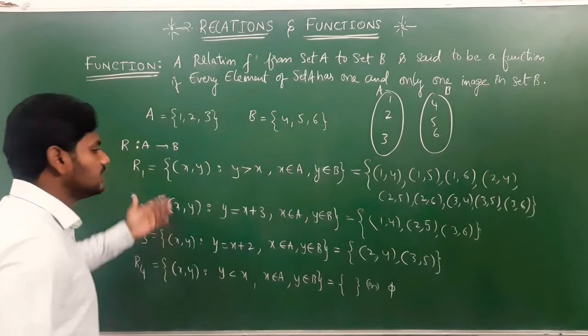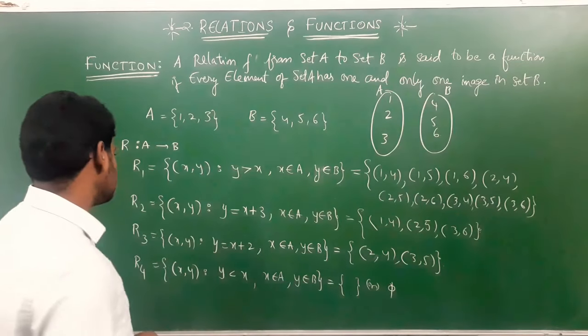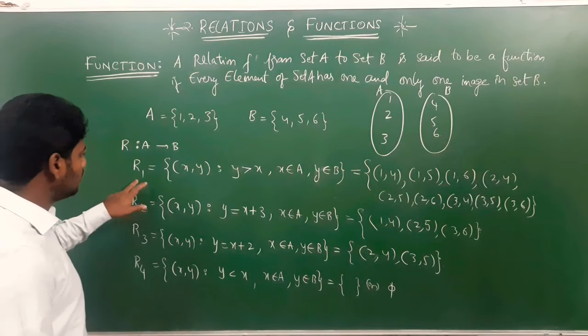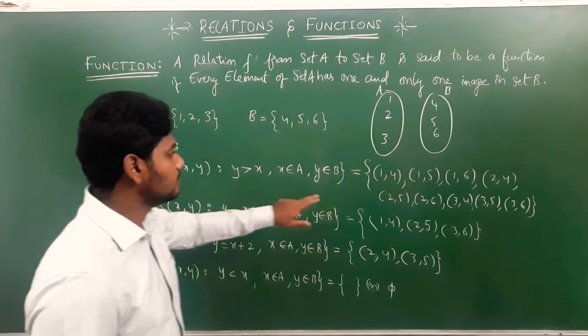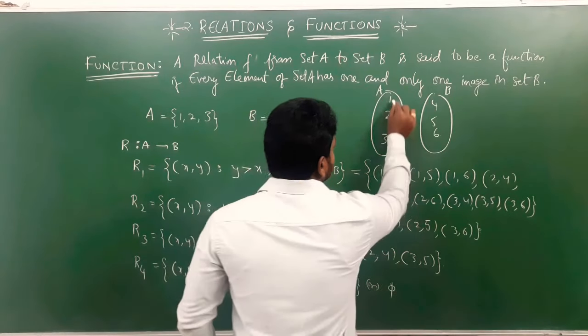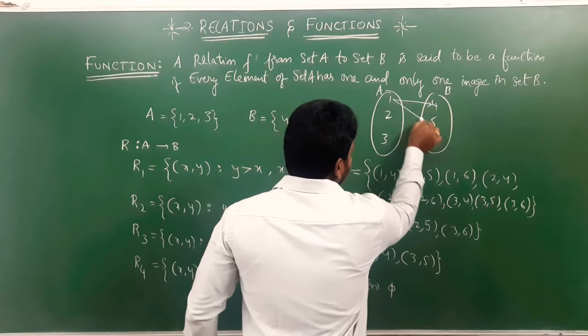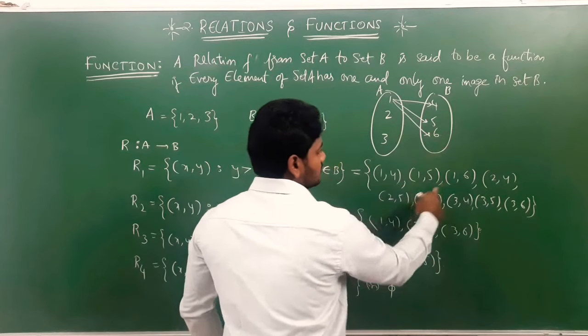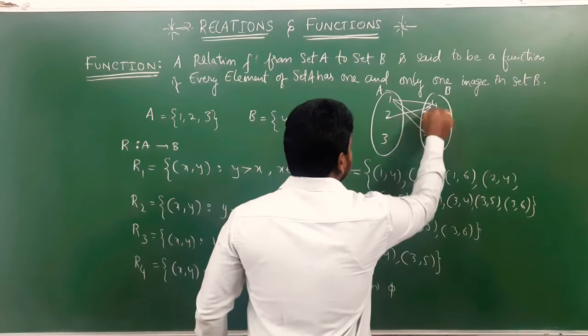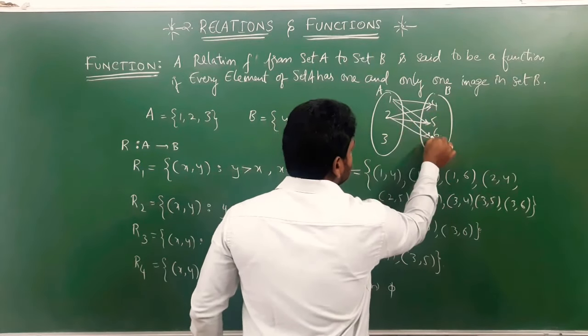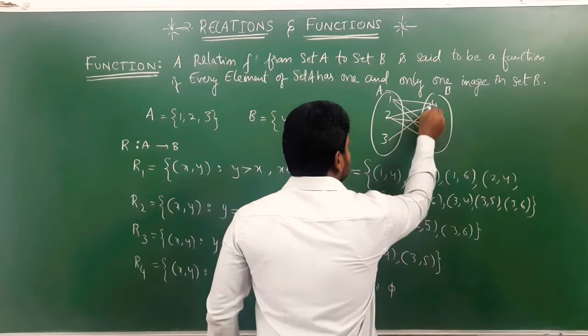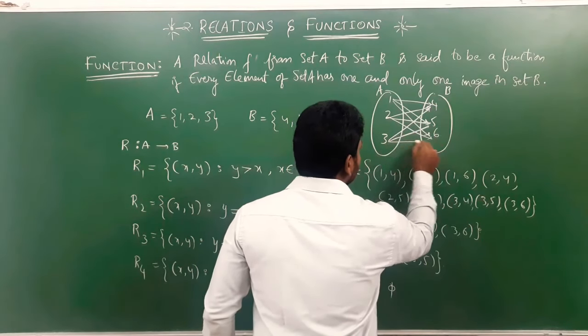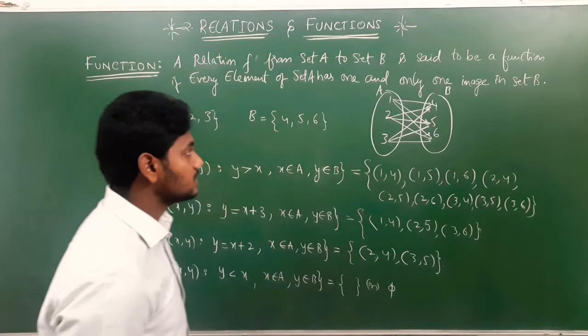Let us compare the relations. What is relation 1? It is (1,4), (1,5), (1,6), and again (2,4), (2,5), (2,6). Next (3,4), (3,5), and (3,6).